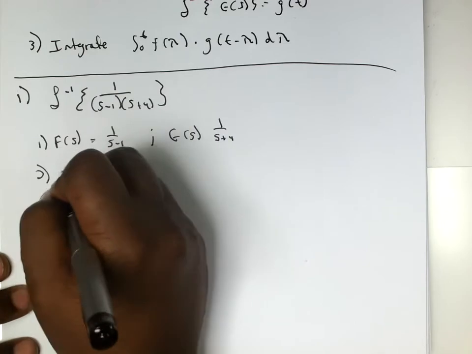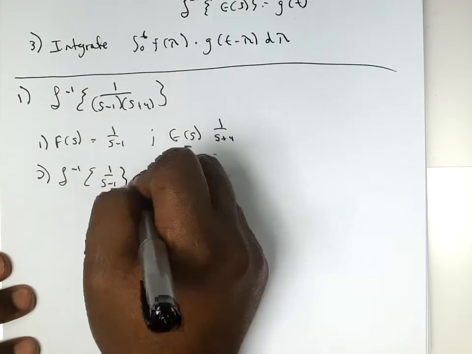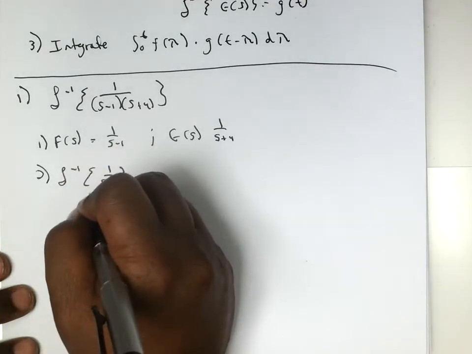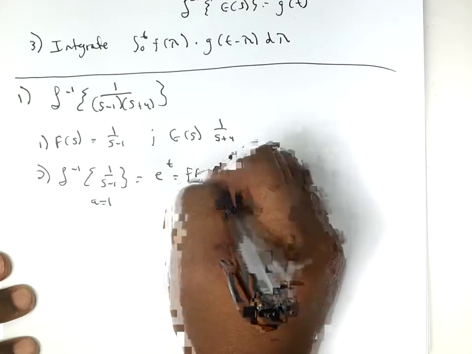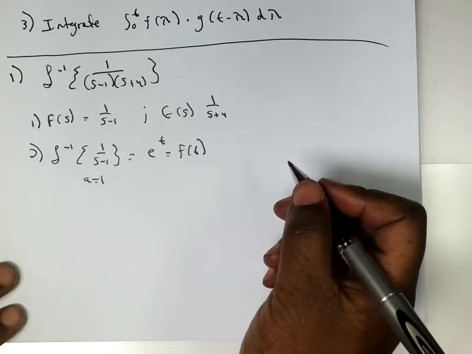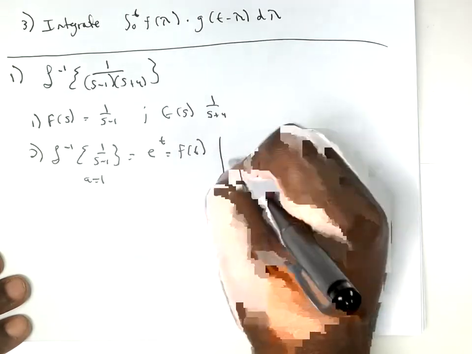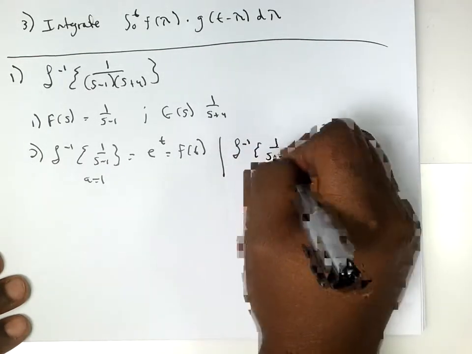And then we have to do the inverse Laplace. So the inverse Laplace of 1 over (s minus 1), well, that's just a is equal to 1, so we get e to the 1t. So that's the first function, f(t). And then for the second one, the inverse Laplace of 1 over (s plus 4).